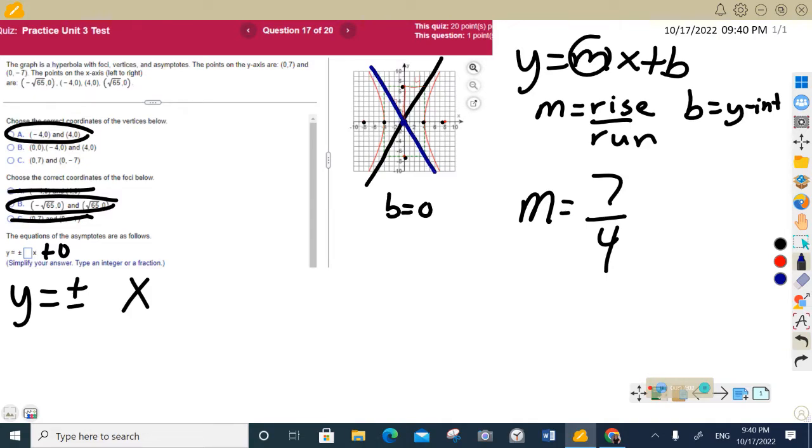Y-intercept is 0, and then you would rise down 7, and then you would run right 4. That's why it's plus or minus 7/4 over here. And that's all of that one.